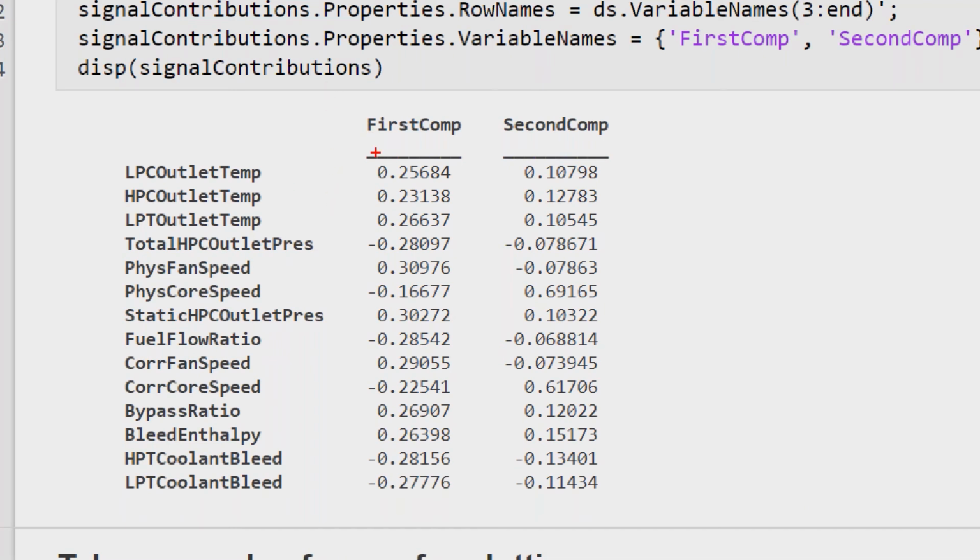Generally what we're looking for here is just the magnitude. We can see in our first principal component, everything actually contributes pretty evenly. Moving into our second principal component, we can see some of them start to drop off in magnitude. These ones are starting to get an order of magnitude lower than everything else, so they contribute less to that second principal component.